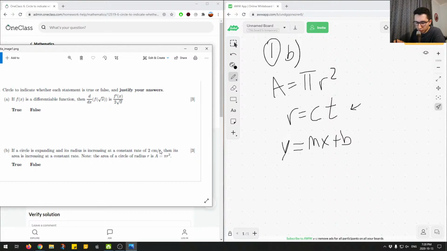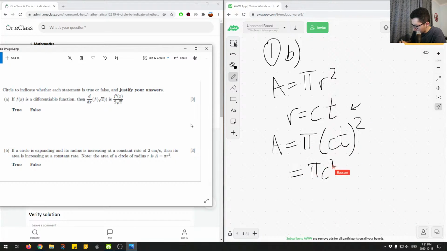We could substitute c equals 2, or any rate, it won't really matter. Let's substitute this in and see what happens to the area. Area is pi times ct all squared, which gives us pi c squared t squared.